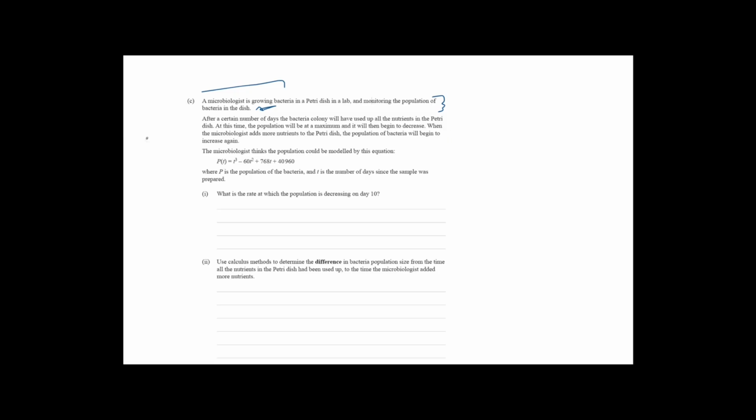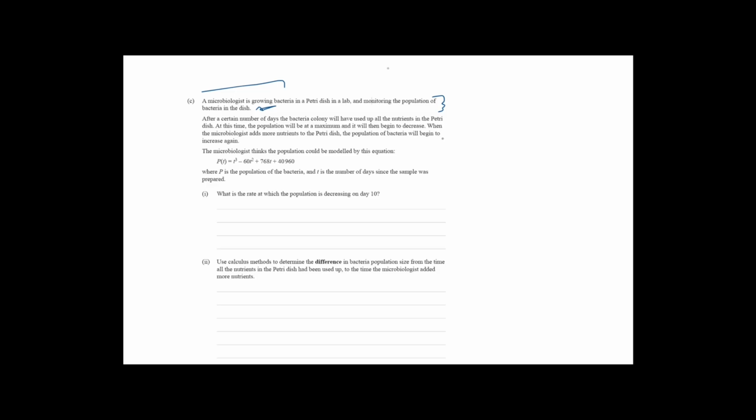Good luck with that. After a certain number of days, the bacteria colony will have used up all of the nutrients in the petri dish. So our microbiologist is playing with a god complex. At this time the population will be at a maximum and will then begin to decrease. In other words, they're going to start dying.